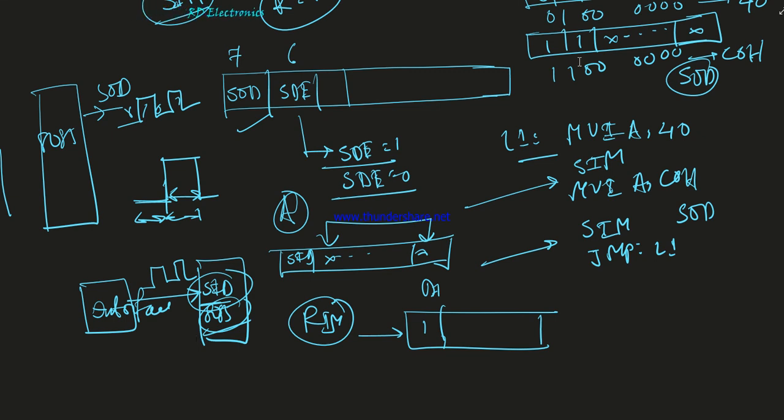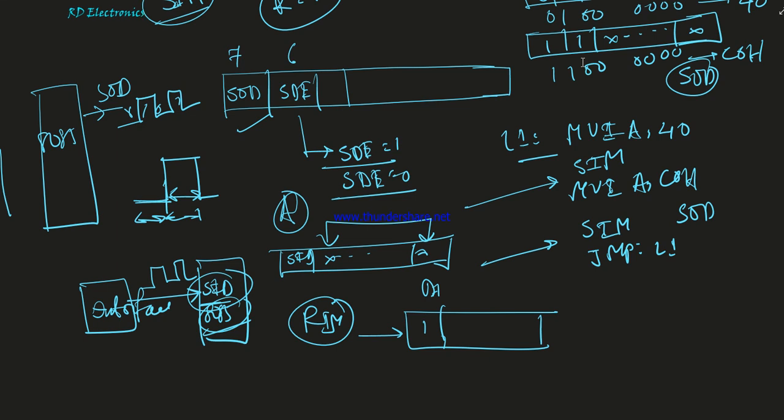So this is an overall preliminary discussion of the SID and SOD pins and the SIM and RIM instructions. SIM and RIM instructions are used to interface peripherals which are serially connected, with serial data transfer from 8085 to the peripheral using the SIM instruction, or from the peripheral to 8085 using the RIM instruction.